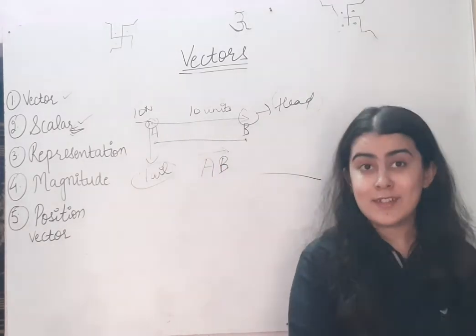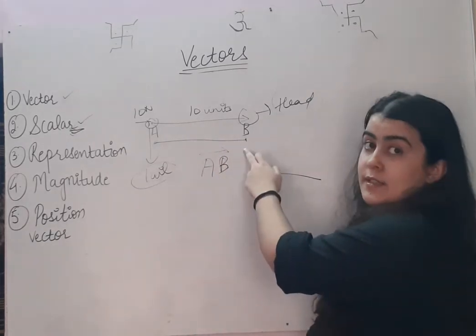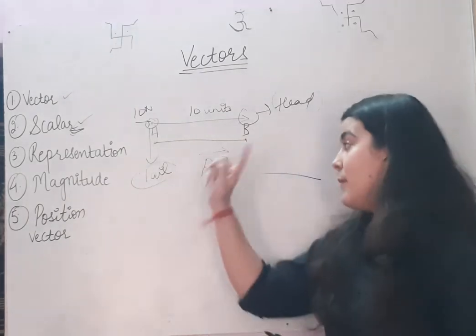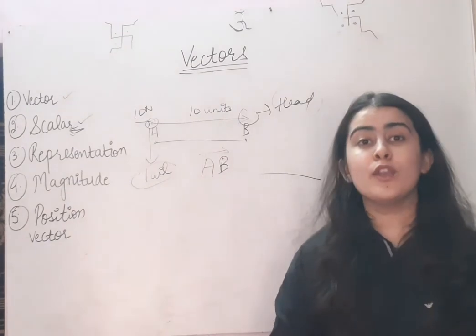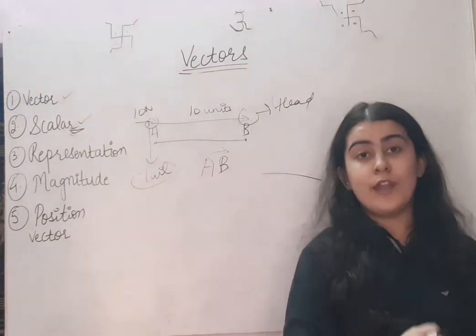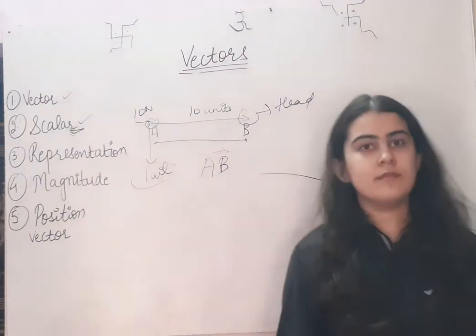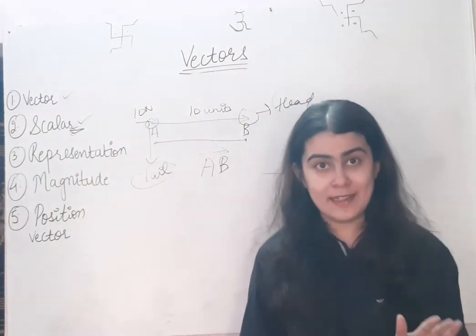What does it show? This shows that it is a vector quantity and AB shows that the vector is from A to B. The starting point of the vector is A and the terminating point of the vector is B. I hope I've made myself clear till this.